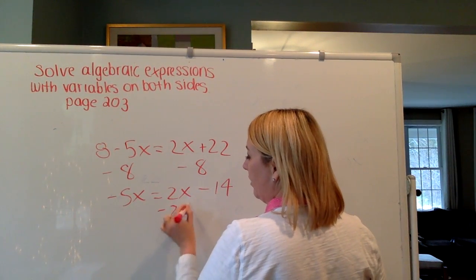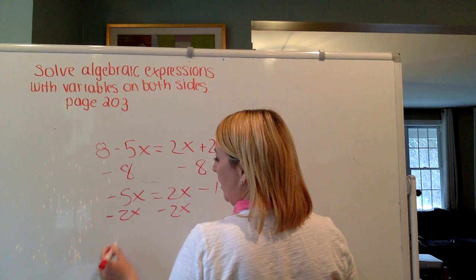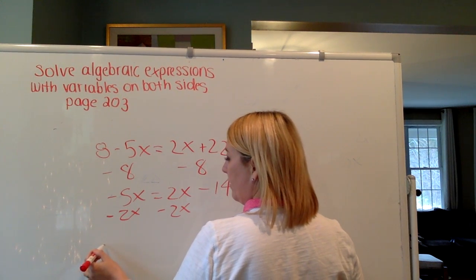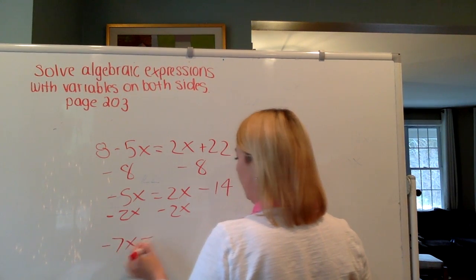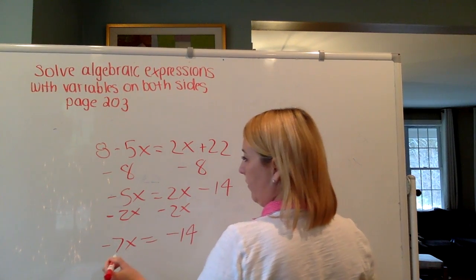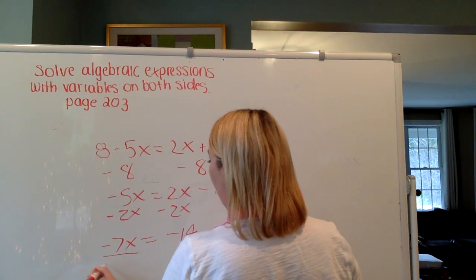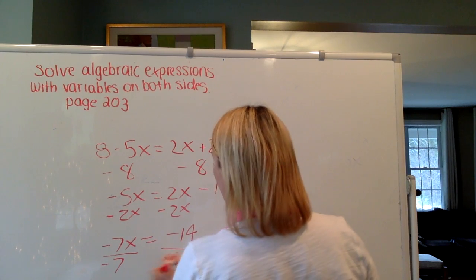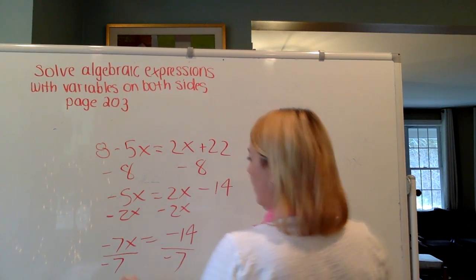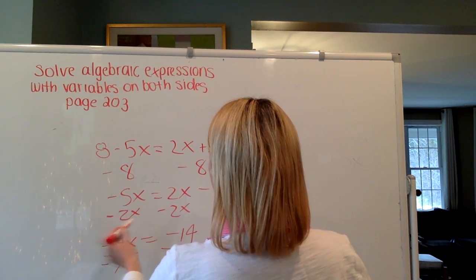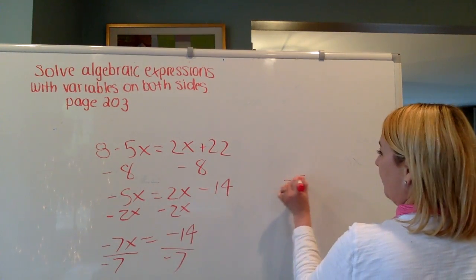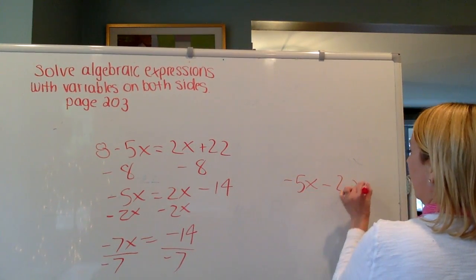Then I'm back to having to move this over, which negative 5x minus positive 2x is negative 7x equals negative 14.